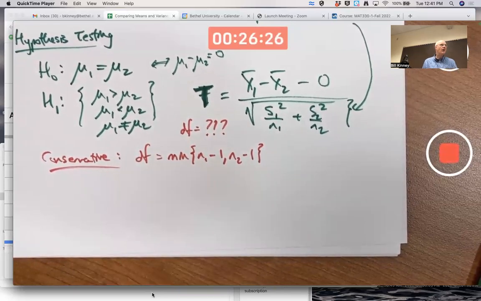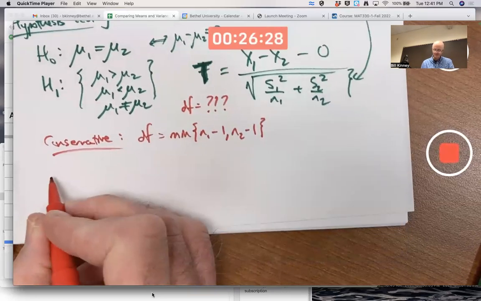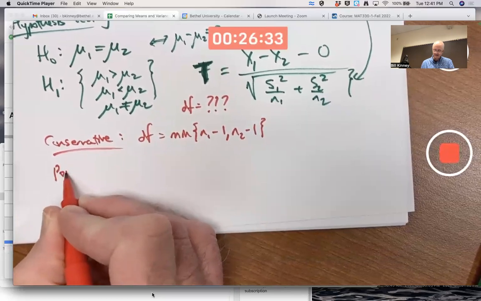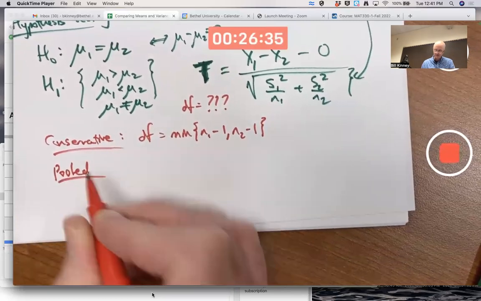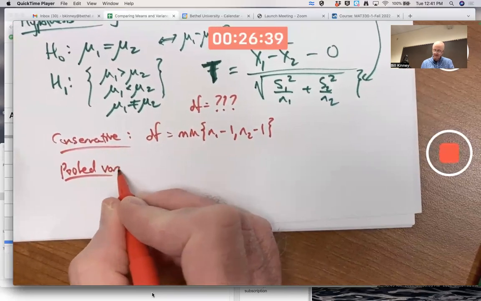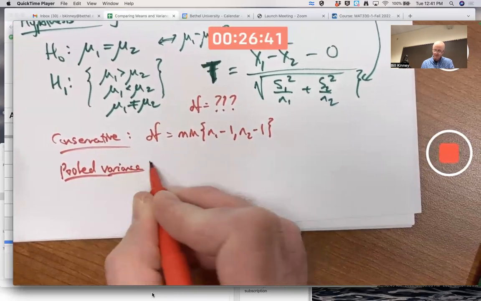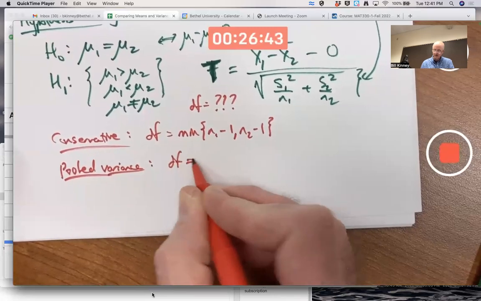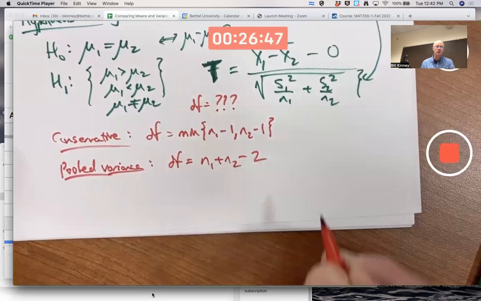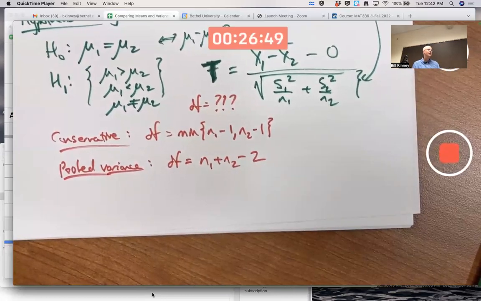2 other approaches are in our book. When we do pooling, when we use a pooled variance approach, DF turns out to be N1 plus N2 minus 2. Weird.